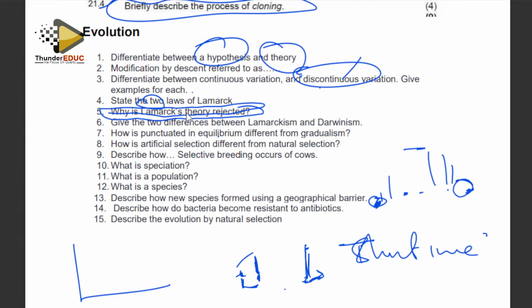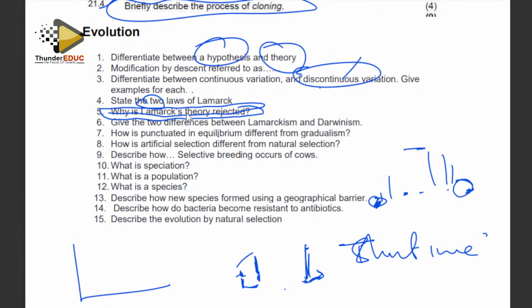There is not enough evidence to show that snakes lost their legs because they were not using them. There is not enough evidence to show that elephants had long trunks because they were using them frequently. So there is no evidence to support that theory.